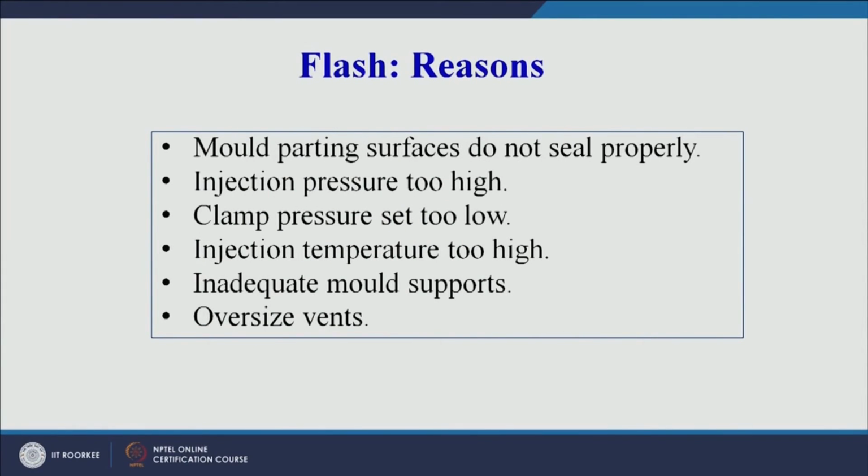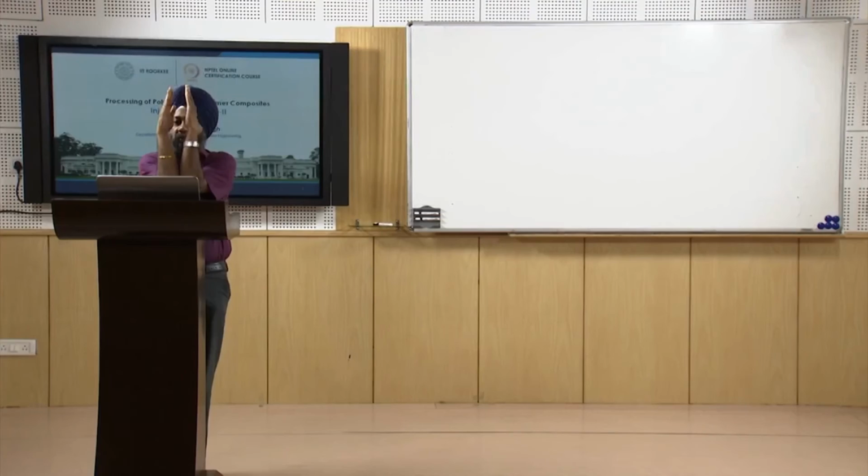Clamp pressure is set too low, so we have to clamp these two mold halves at a relatively higher pressure, so that because of the pressure of the plastic the mold does not open up or tend to open. So if the clamp pressure is less, then also it can lead to flash. Injection temperature too high can also lead to flash. Sometimes there are additional supports for the mold.